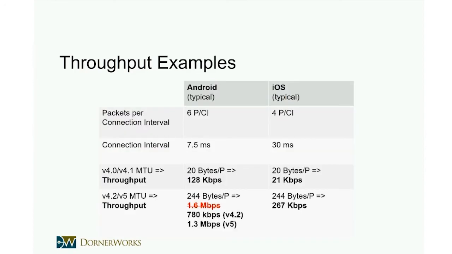So what are some examples? If you look at some examples of Android and iOS, Android has, at least, I can't say it's Android, but Android phones have a typical packets per connection interval of 6 packets per connection interval. Now this can be kind of confusing because it depends on the phone.